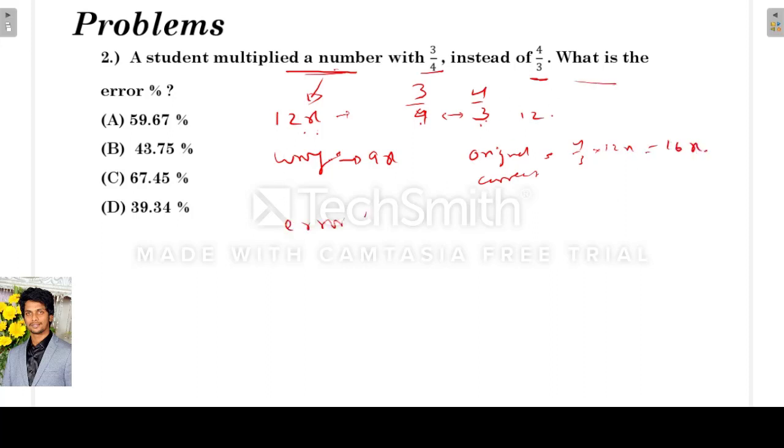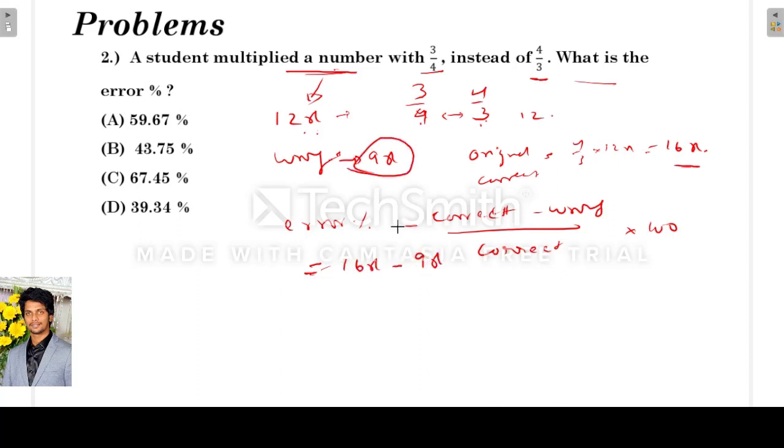So now they are asking what is the error percentage. So error percentage means correct minus wrong by correct number into 100. So here the original or correct is 16x. So 16x minus wrong, which is 9x, by 16x into 100. So x will go.